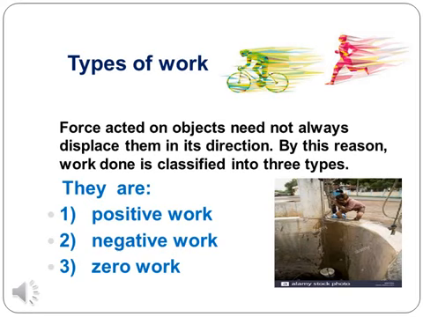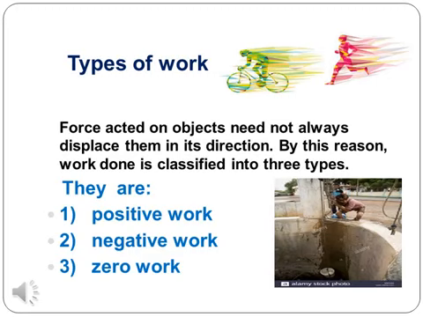Draw a bucket of water from a well. Here, force is applied, which is the pull with the help of the rope. This pulling force is downward, but the bucket of water is moving in the upward direction, which is opposite to the direction of the force applied.